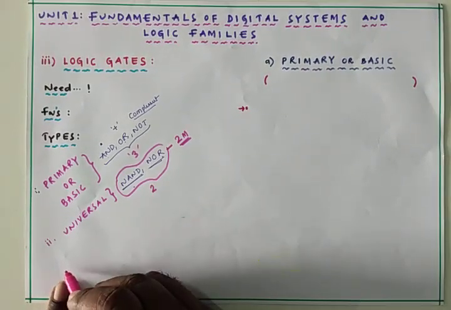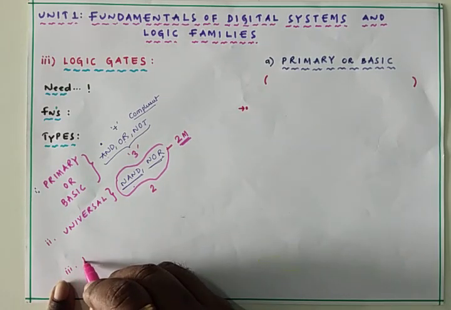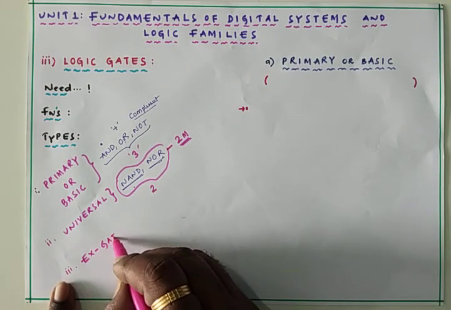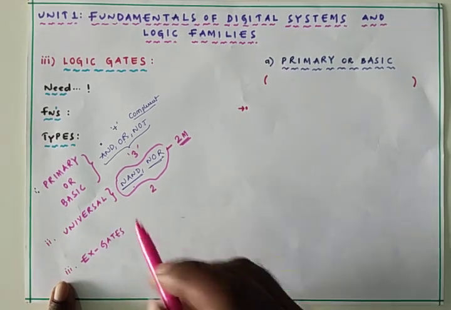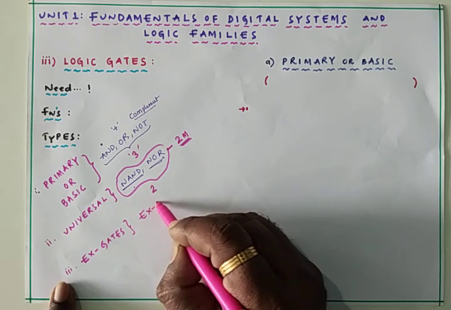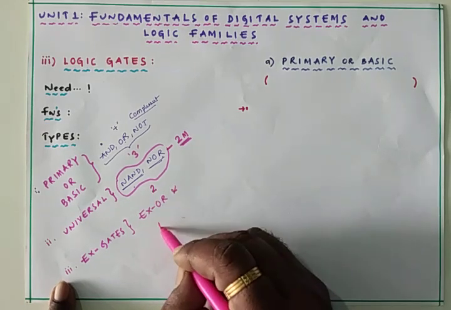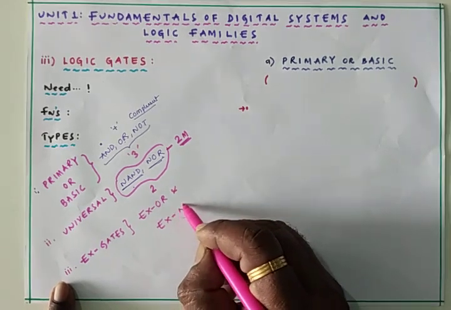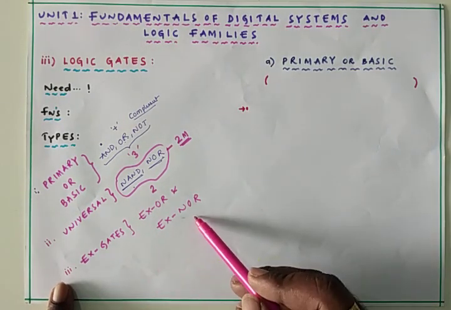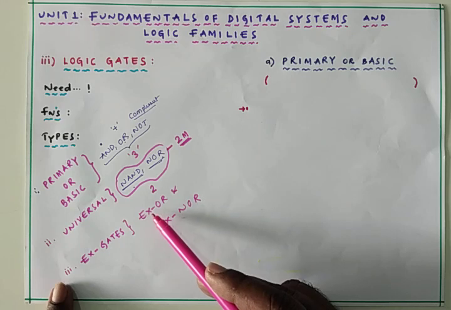The next and last classification of the logic gates is called exclusive gates. There are 2 exclusive gates: the exclusive OR gate and the exclusive NOR gate. If you know the exclusive OR, then exclusive NOR is nothing but the complement of exclusive OR.